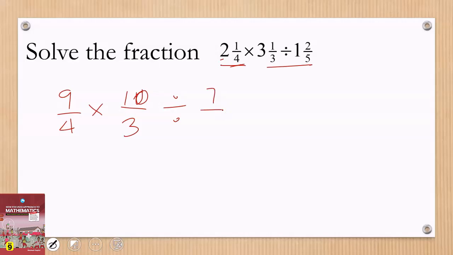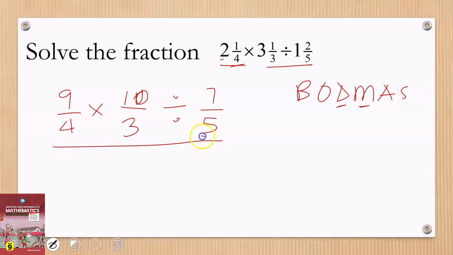Now we have multiplication and division per BODMAS. Anytime we have division and multiplication coming together, we can do from left to right and it will work.